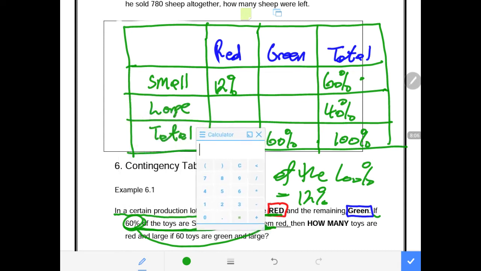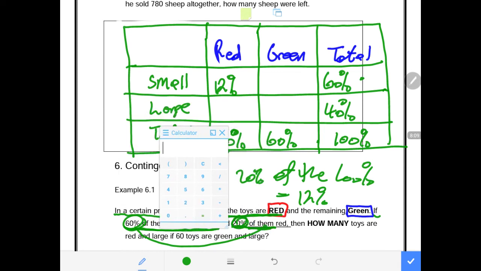Then obviously we have to say the remainder, which is 80%, will be green. So now we can say 0.8 times 60. This will give us 48% of them are green. So if we say 60 minus 12, we get 48.